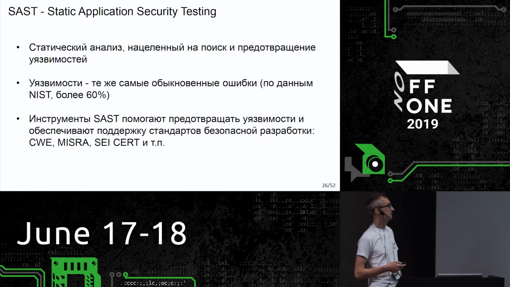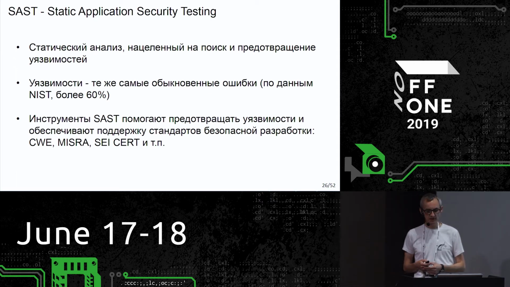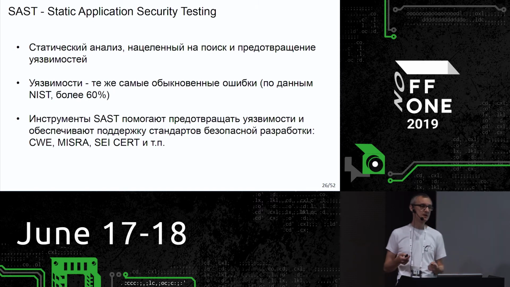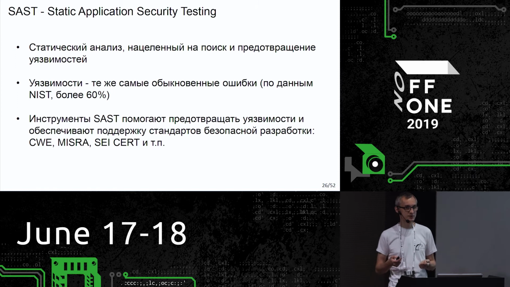So what is SAST? It's classic statistical analysis, but just targeted at finding potential vulnerabilities. Why do we say potential here? Because a real vulnerability will not be findable using statistical analysis.